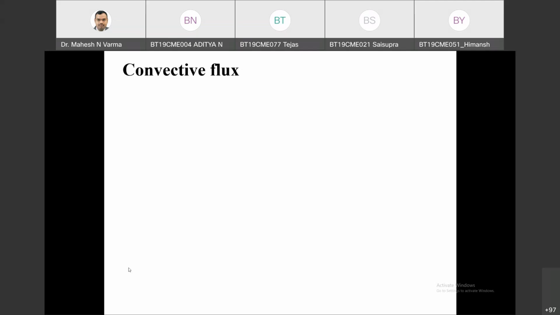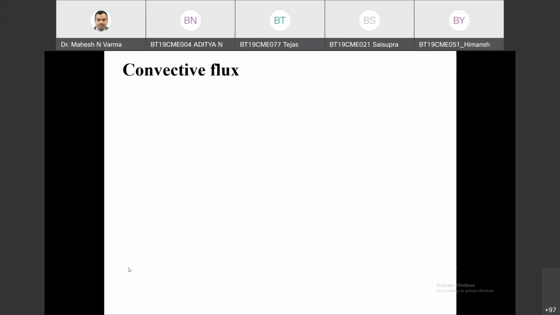But most of the time it is referred to as a convective flux. That is fundamentally wrong, but in a way it is correct, because in that case flux is dominated by convective flux. Whenever there is a convective flux, the total flux will be dominated by it. When there is no convective flux, then only you can say molecular flux has some role to play.